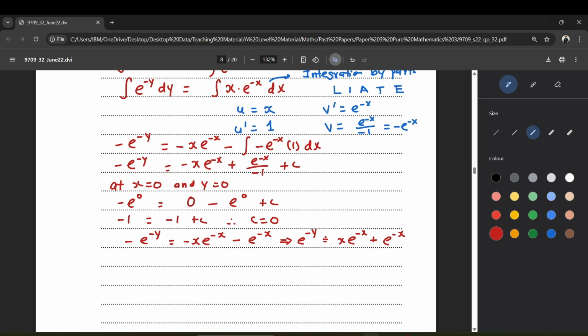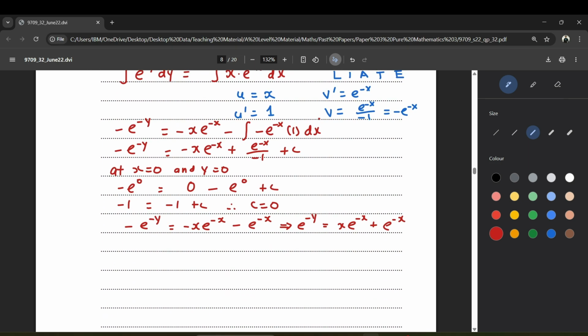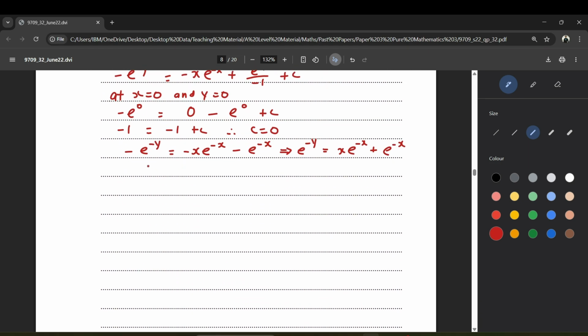Okay, now we need to make y the subject of the formula because it says obtain an expression for y in terms of x. So now we can take ln both sides.